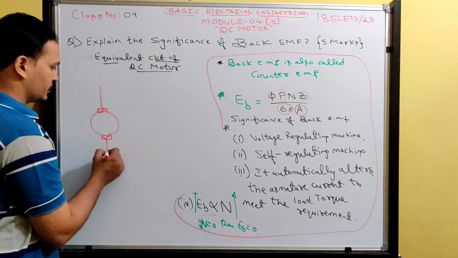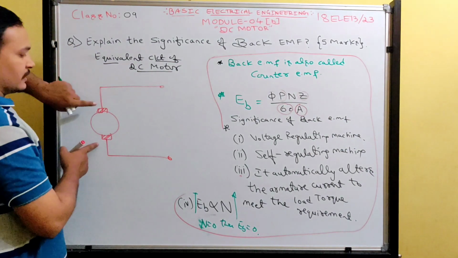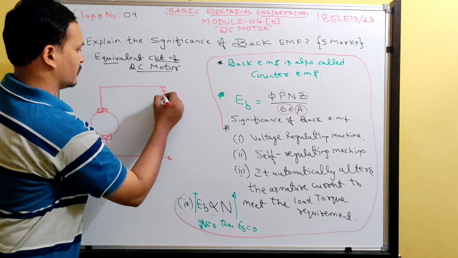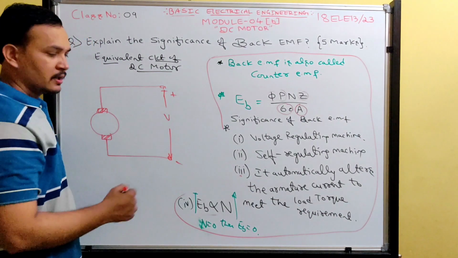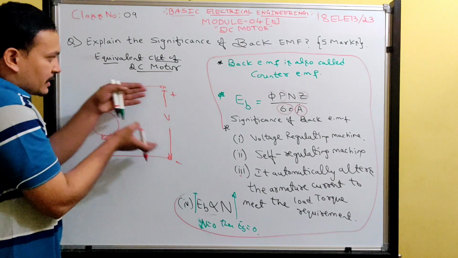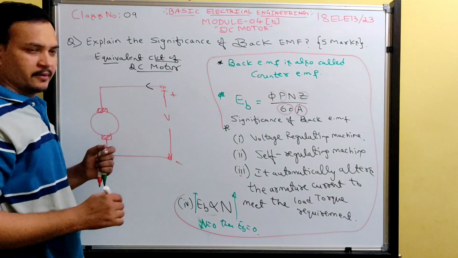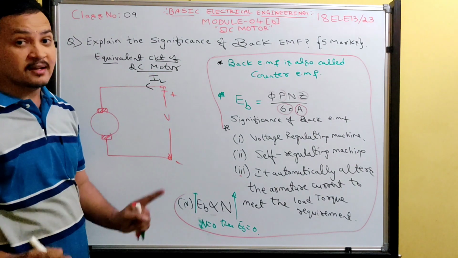What I am doing is connecting this entire armature to the supply voltage, plus and minus DC supply. See now, whenever the machine is connected to supply, what happens? It receives current. This current is called line current.